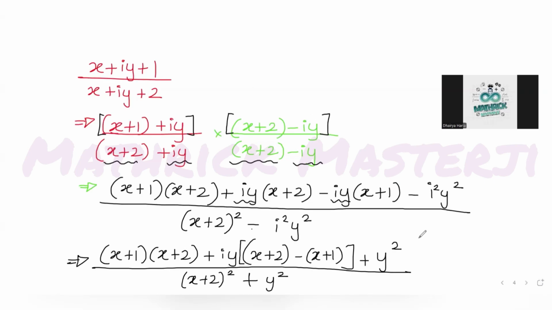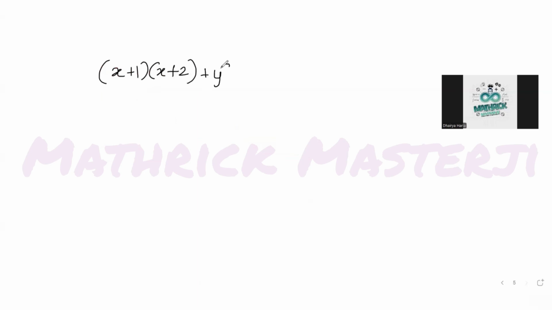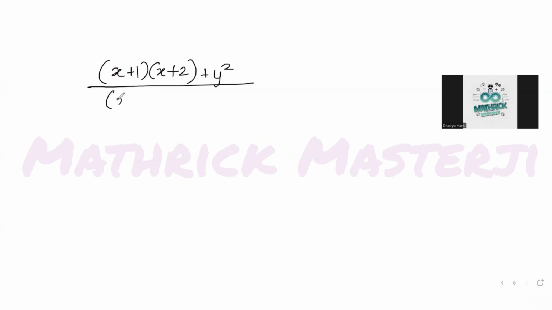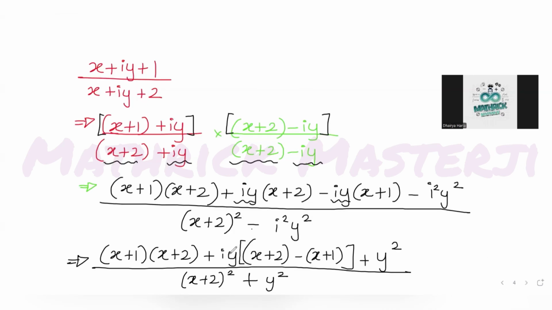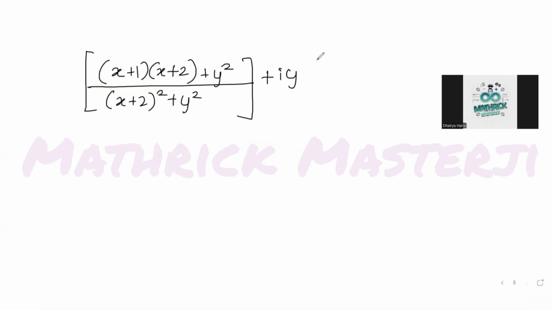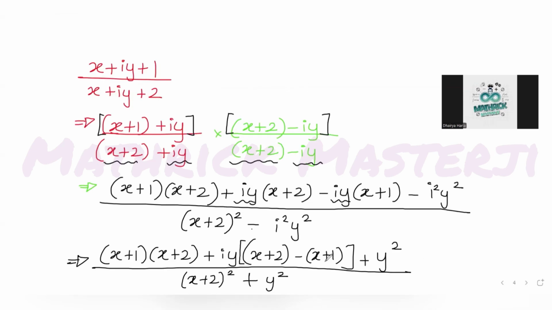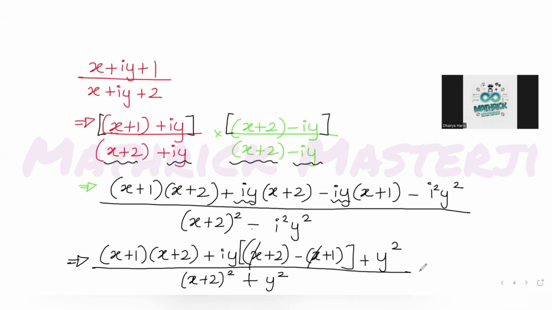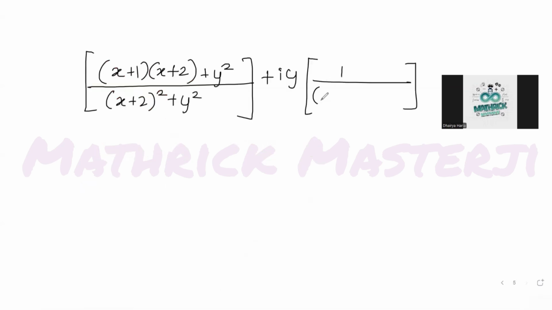The real part is (x plus 1) times (x plus 2), divided by (x plus 2) whole squared plus y squared. The imaginary part is iy times (x plus 2 minus x minus 1), where x and minus x cancel, and 2 minus 1 is just 1. So the imaginary part is iy over (x plus 2) whole squared plus y squared.